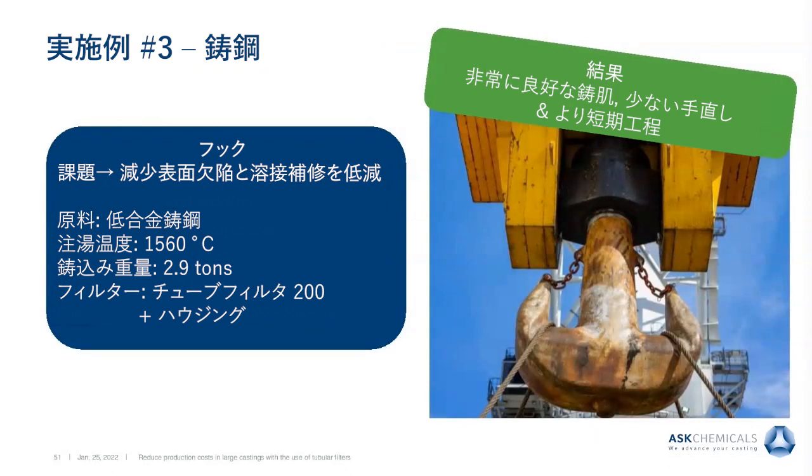That was the challenge we had to solve: avoid surface defects at welding. We could reach that by implementing only one tube filter, 200 tall plus housing, and we could make this manufacturing process much safer for the foundry.